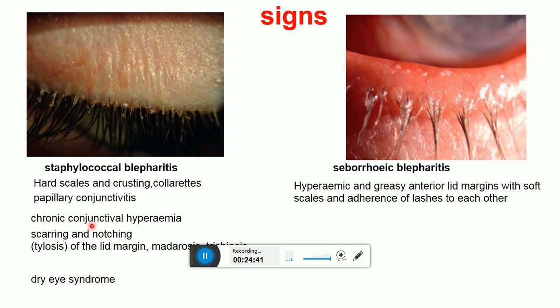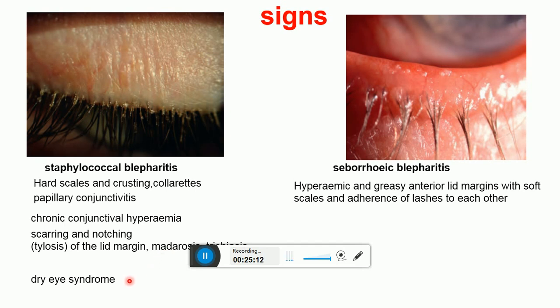There is papillary conjunctivitis and conjunctival hyperemia. In long-standing cases there may be scarring and notching of the lid margin, known as tylosis, and there may be madarosis, trichiasis and poliosis.